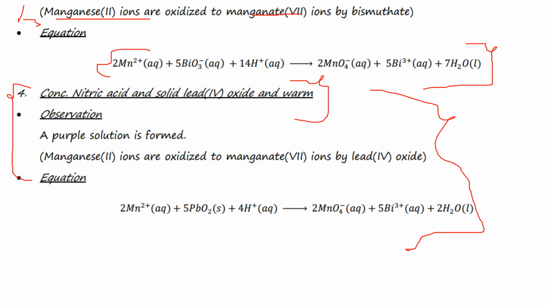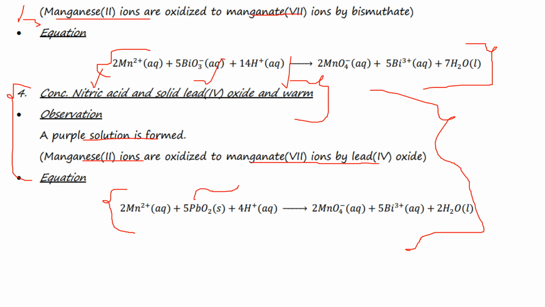So the observation is going to be a purple solution being formed. Usually it's due to oxidation of manganese 2 ions to manganese 7 ions by lead oxide. So the arrangement of reagents is very important. One is concentrated nitric acid, you follow it with solid lead oxide, and then you warm. The equation is also going to be a redox reaction.